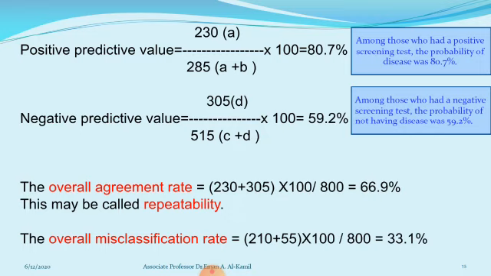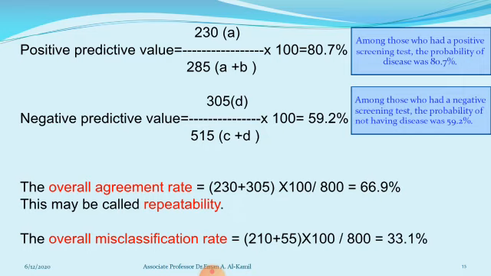And the overall agreement rate, we mentioned, is the positive by both, or the true positive, 230, plus negative by both, which is 305, multiplied by 100 divided by 800, and equals nearly 67%.